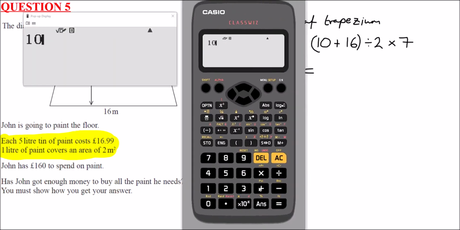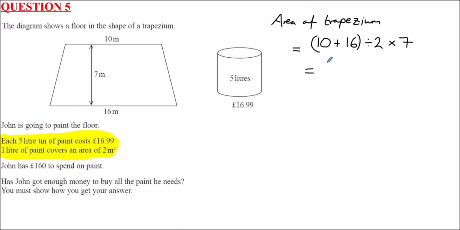So if we work this one out and see what we get, 10 plus 16, half that, multiplied by 7, gives us 91. So we've got 91 square metres to paint. If each 5 litre tin costs this, and 1 litre of paint covers an area of 2 square metres, then 5 litres of paint, in other words 1 tin, will cover 5 times as much.